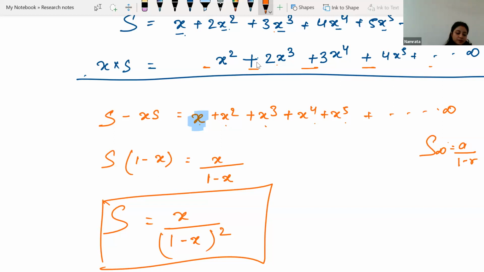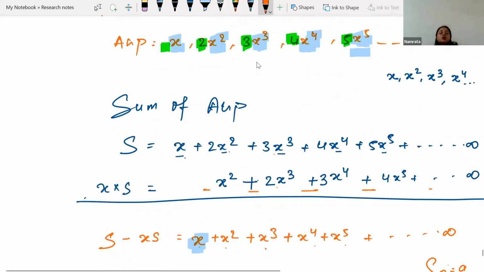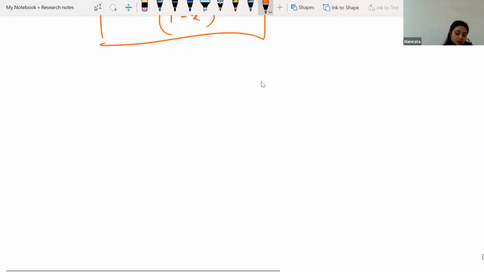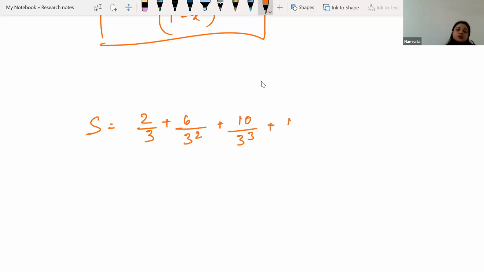Okay, Lina, let's see how to apply this formula. You can note down this formula, or you can just understand this process. Rather than using the formula every time, if you understand this process, whatever the common ratio is, suppose we have S as 2 by 3, plus 6 by 3 square, plus 10 by 3 cube, plus 14 by 3 to the power 4, plus dot dot dot.